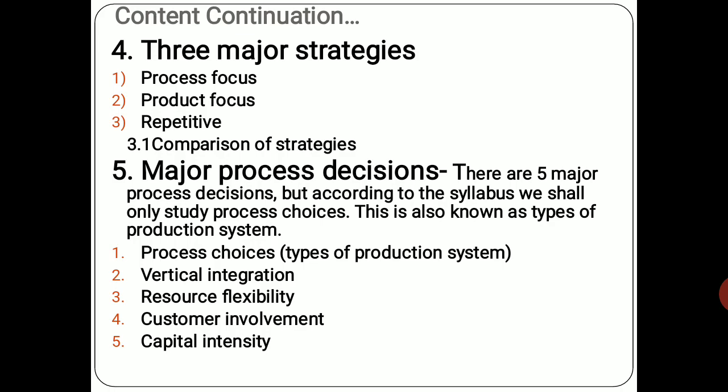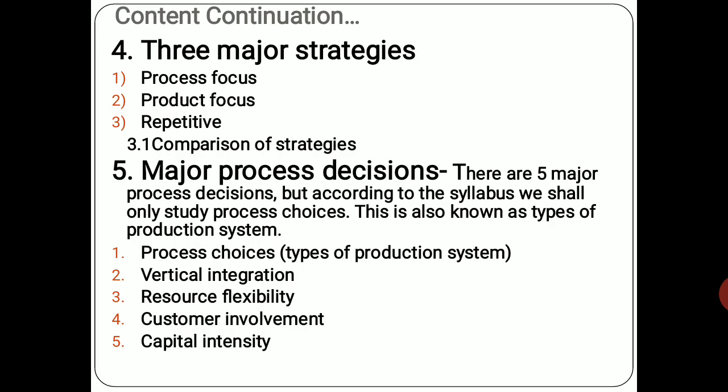The major area that we are dealing with is the major process decisions. Major process decisions include 5 major decisions, out of which the decision that is crucial and that is required by the manufacturer to be taken properly is the process choice.